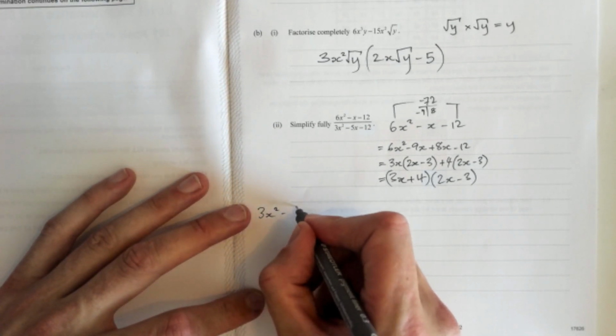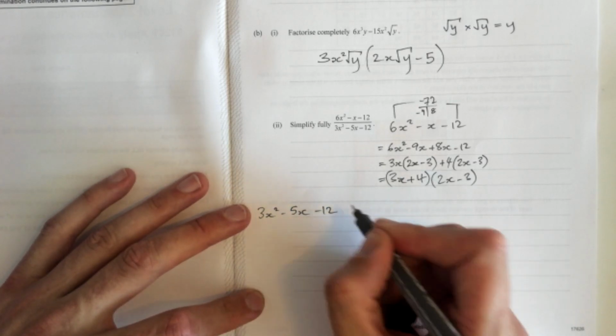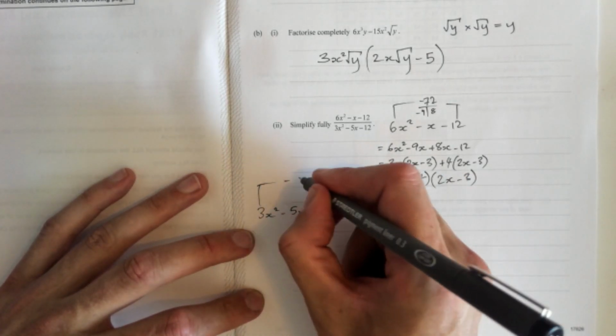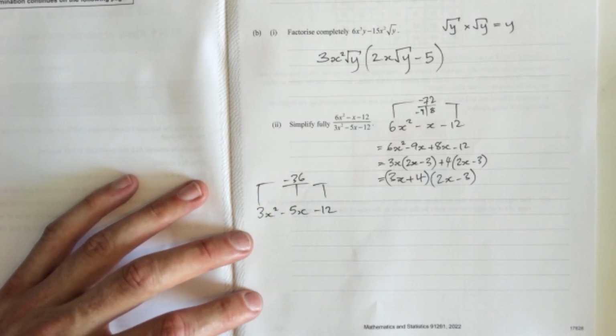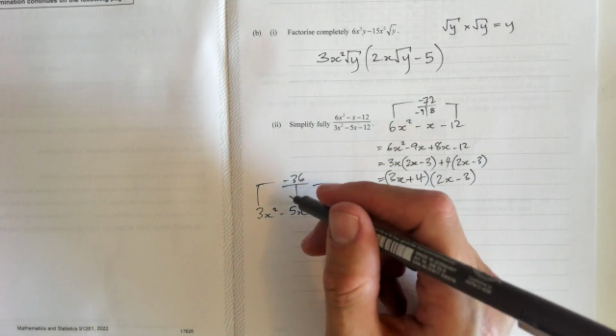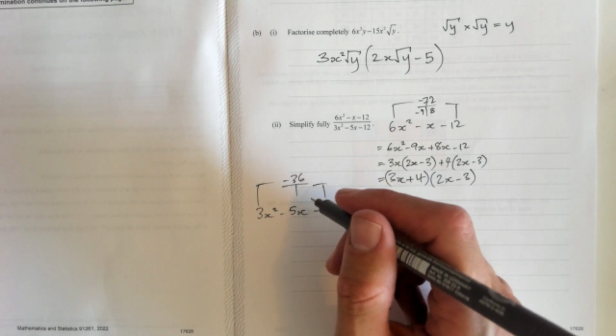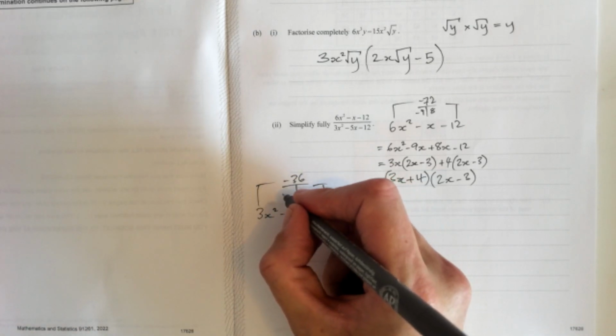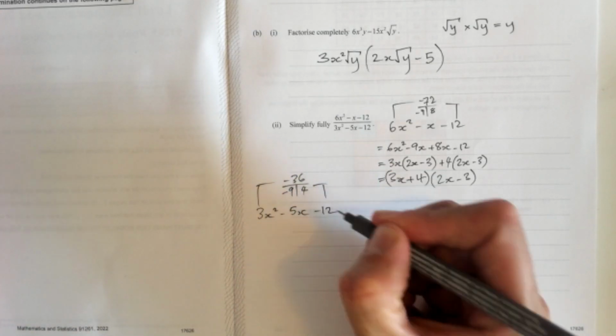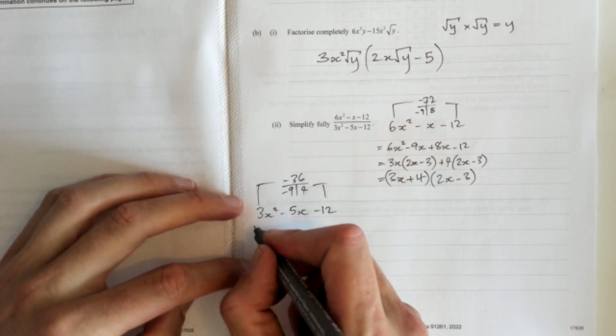3x squared minus 5x minus 12. We get negative 36, and then to get a negative 5, is that like a 12 and an 8 and a 4? No, 9 and a 4. Minus 9 and positive 4. Should I check it?